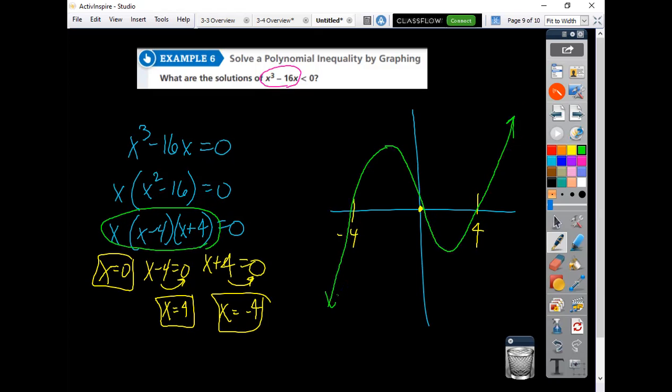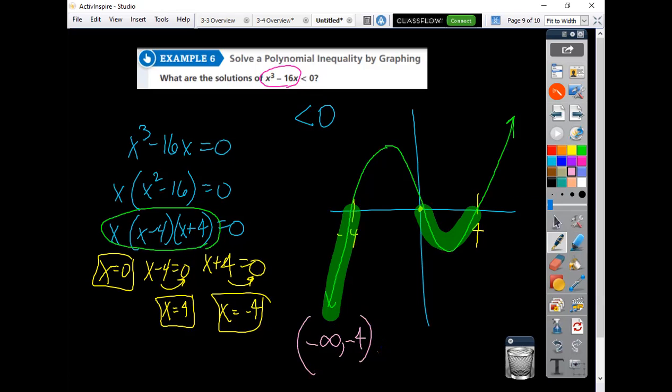So again, where is this graph? What are they asking for? Less than 0. So where is it below 0? This whole arm over there and this piece in between here. So interval notation for this. So forever to the left up until I hit this negative 4. Was there an equal to on the inequality? No, so when it's 0 itself, it's not included. Then either a comma to separate it.